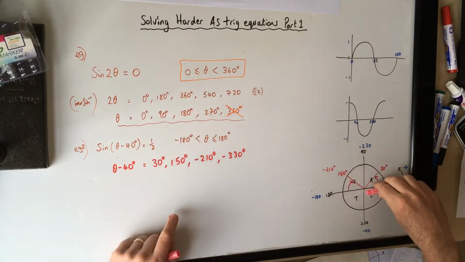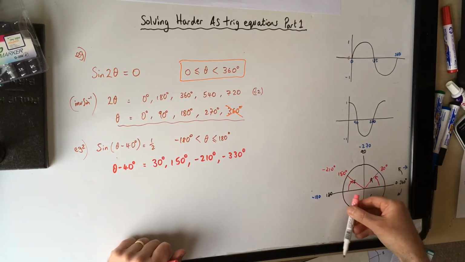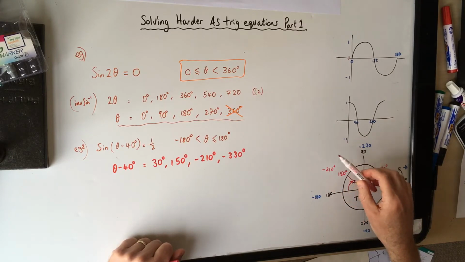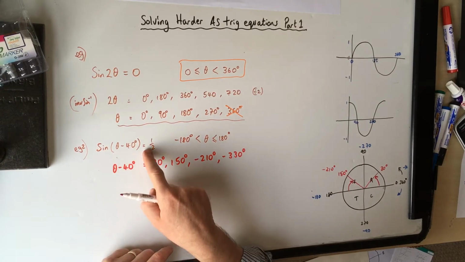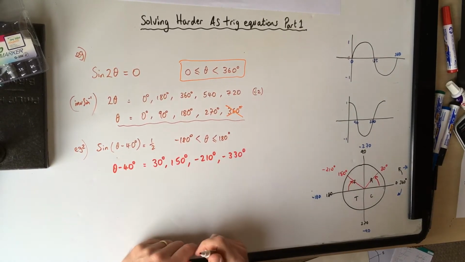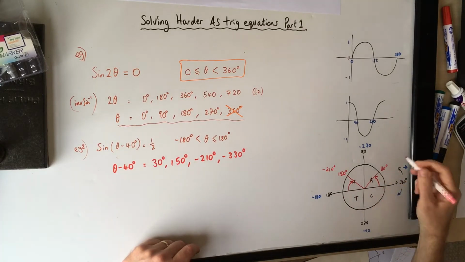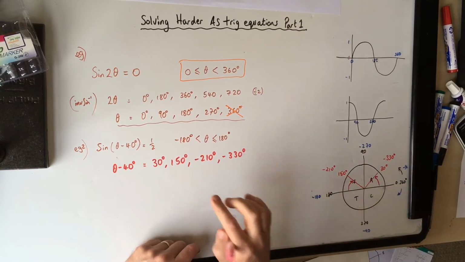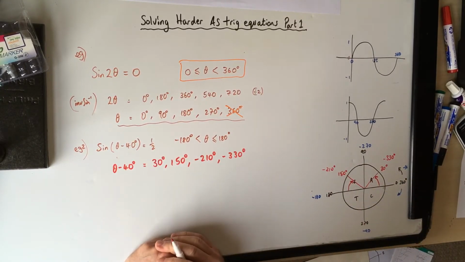If I go negative, around the opposite way, the first value I come to within the sine region is at minus 210. So the sine of minus 210 would give us a positive half, and the sine of minus 330, going around the other way, would also give us positive a half, because it's in that positive region for sine.